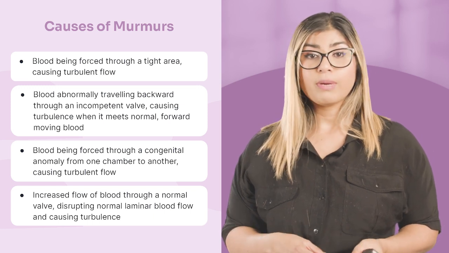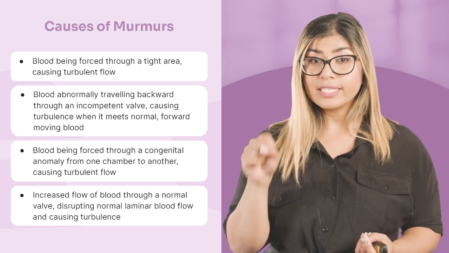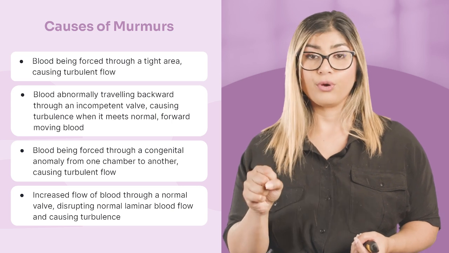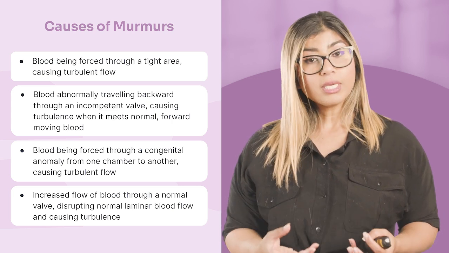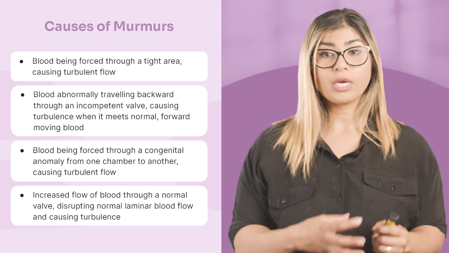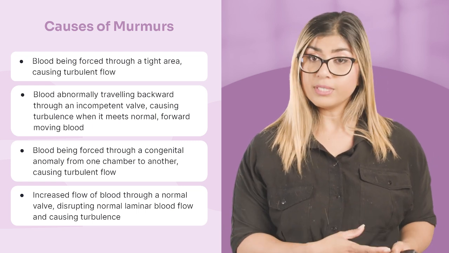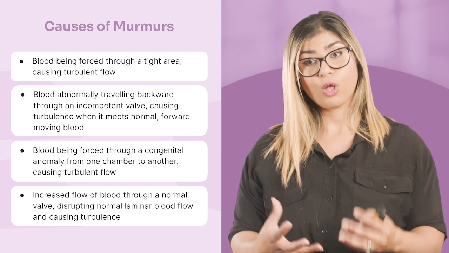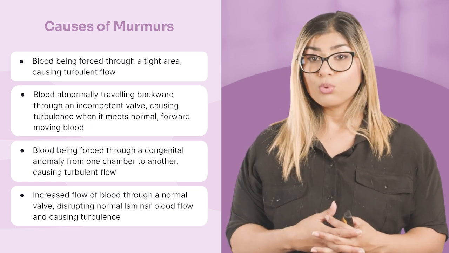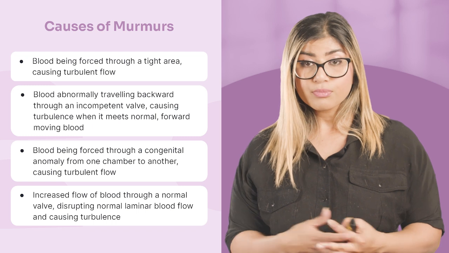Murmurs can be caused by blood being forced through a tight area, causing turbulent flow, for example, with valvular stenosis. It can also be caused by blood abnormally travelling backwards through an incompetent valve, causing turbulence when it meets the normal forward-flowing blood flow, for example, with valvular regurgitation.